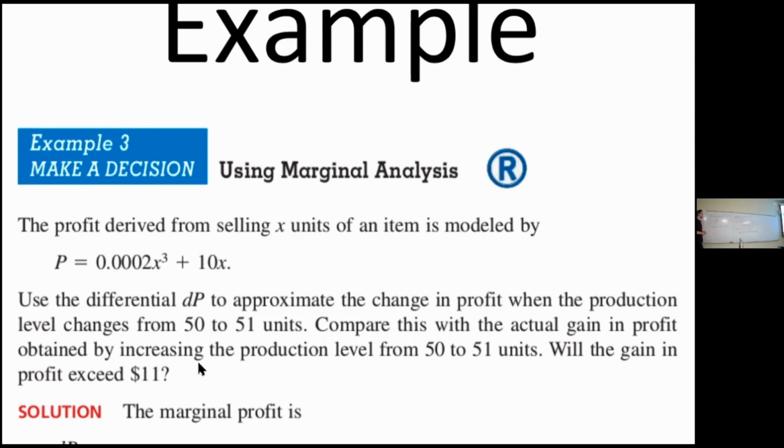Now, the next thing we need to do is to find delta p. This is going to be equal to p at x plus delta x minus p at x.